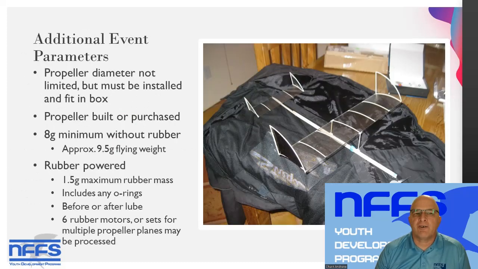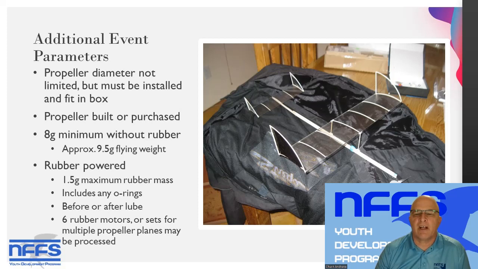A few additional parameters. The propeller diameter is not limited like some prior years, but it must be installed on the plane and fit in the box. And you'll find, especially on the C division, that the box is the limiting factor on the propeller size. B division, you can get a fairly large propeller into the box. It can be built or purchased.